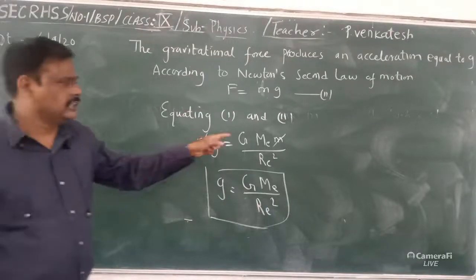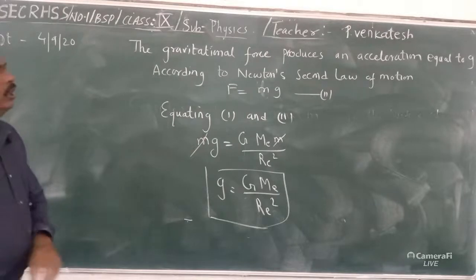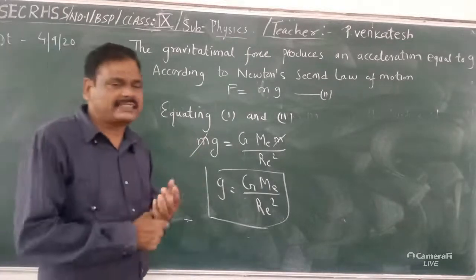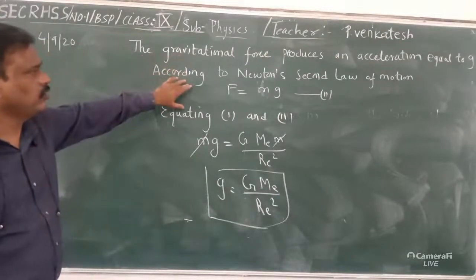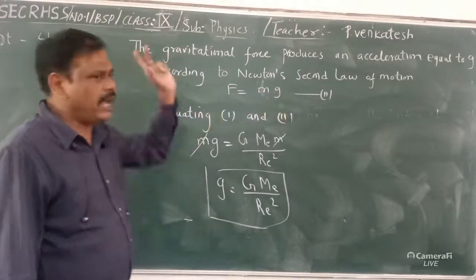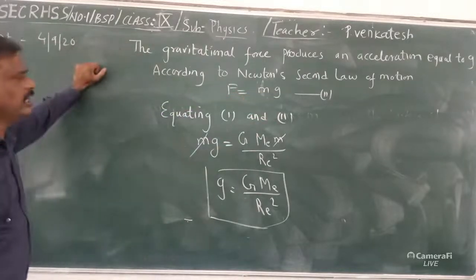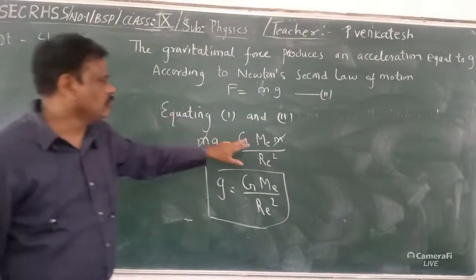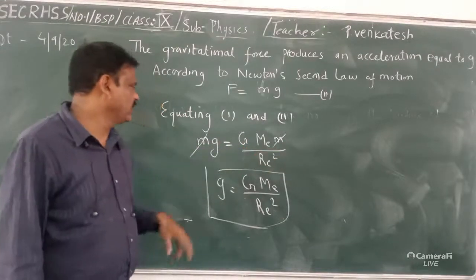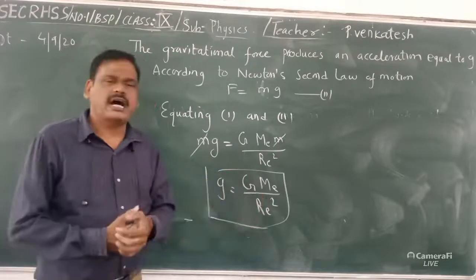Here G is the gravitational constant, M E is the mass of the earth and R is the radius of the earth. Also the gravity will produce an acceleration, so according to F equal to ma, we write F equal to mg, where g is the acceleration due to gravity. Now equating 1 and 2, mg equal to G M E m upon R square. Here m will cancel out, g equal to G M E upon R square.